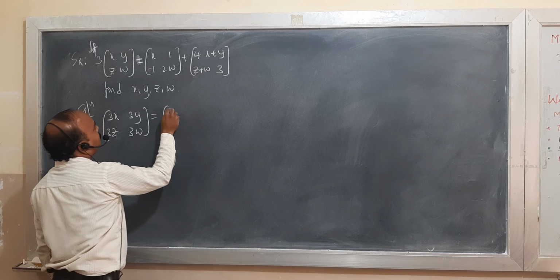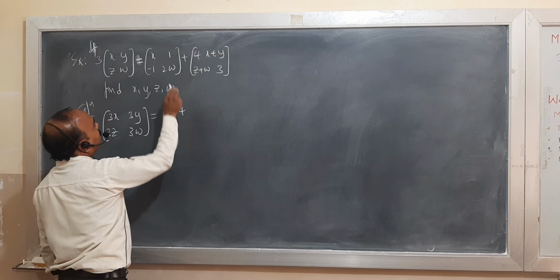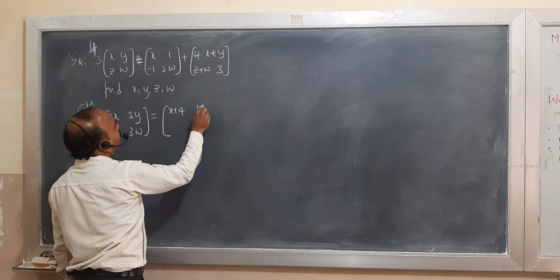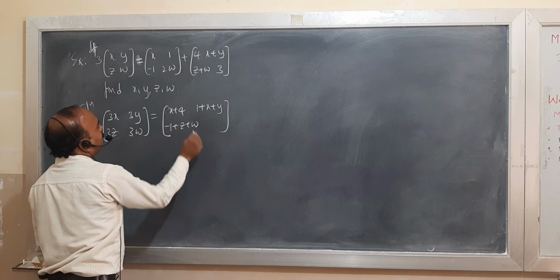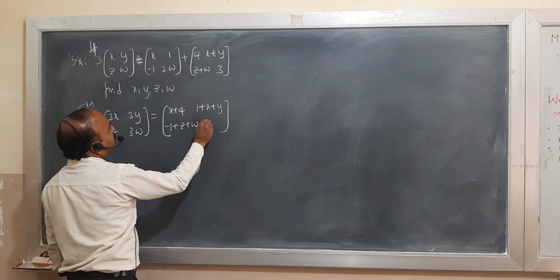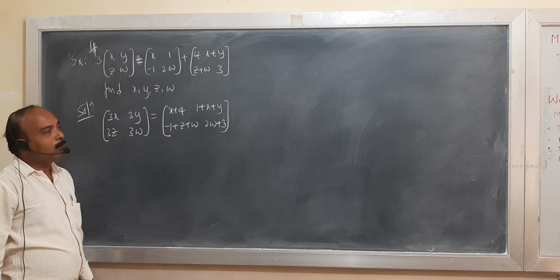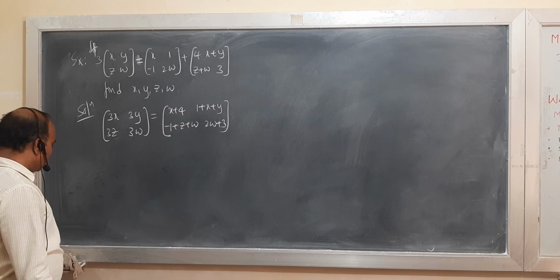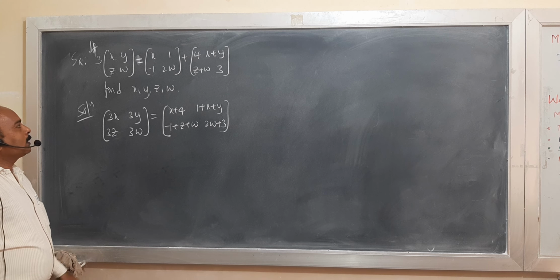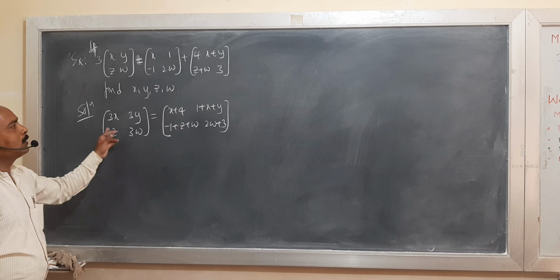x with 4, it is x plus 4, 1 plus x plus y, next minus 1 plus z plus w, and 2w plus 3. It is the addition of matrices on the right hand side. Now we take equality of the matrices for solving this.